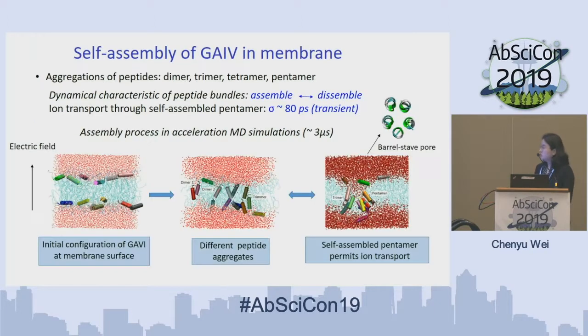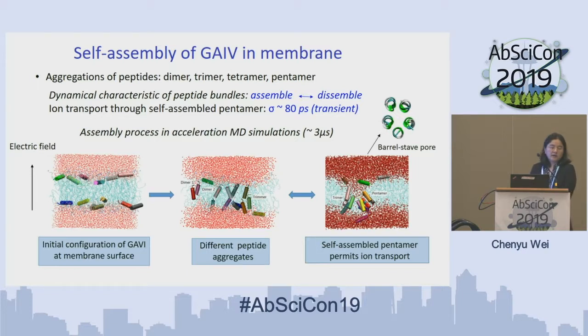To continue, we put more than one peptide on the membrane surface. As you see on the far left side, that's our initial configuration when we started the simulation. We have 14 of the trichogin peptides initially on the membrane surface.